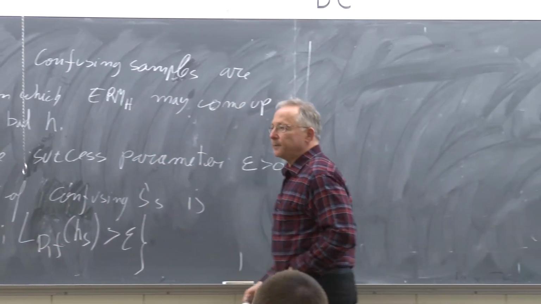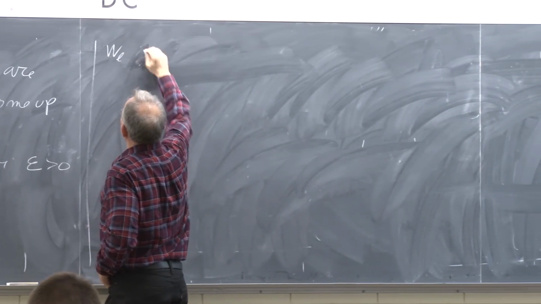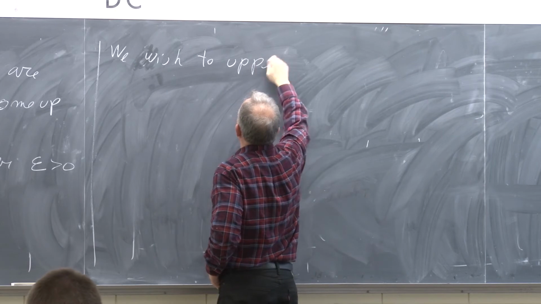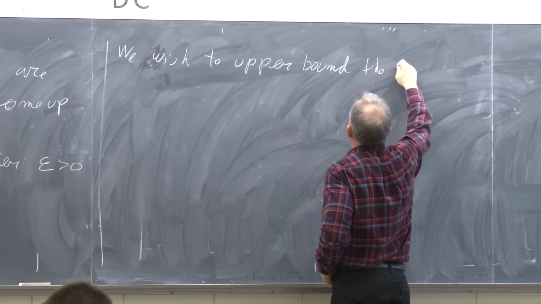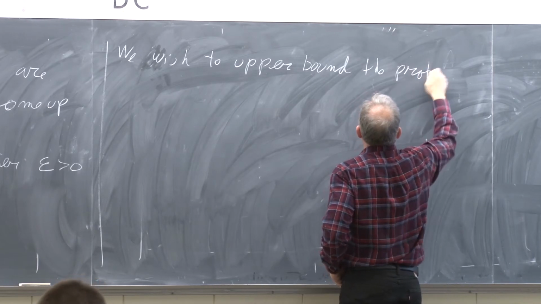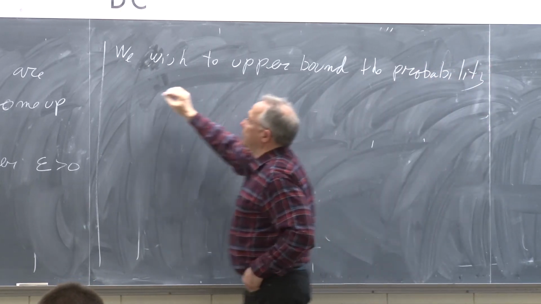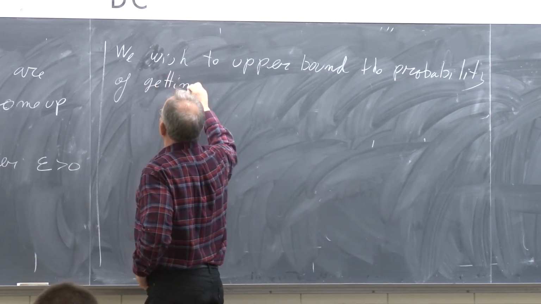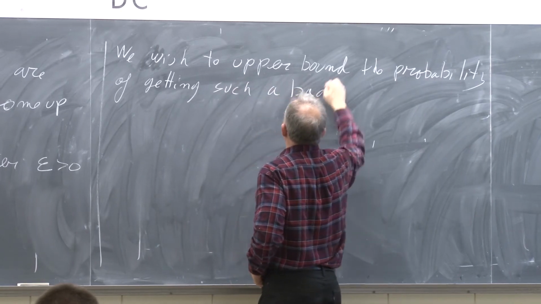So what we wish to upper bound is the probability of getting such a bad sample.